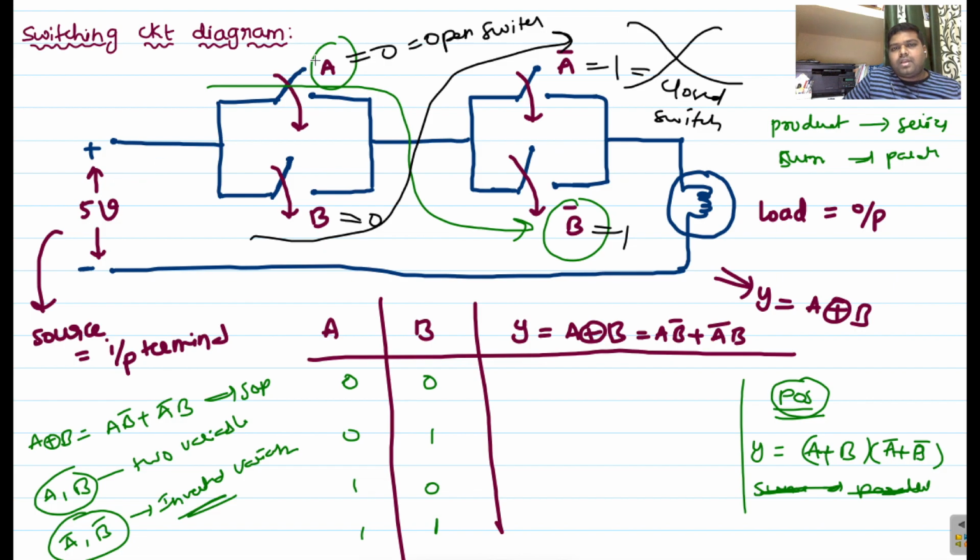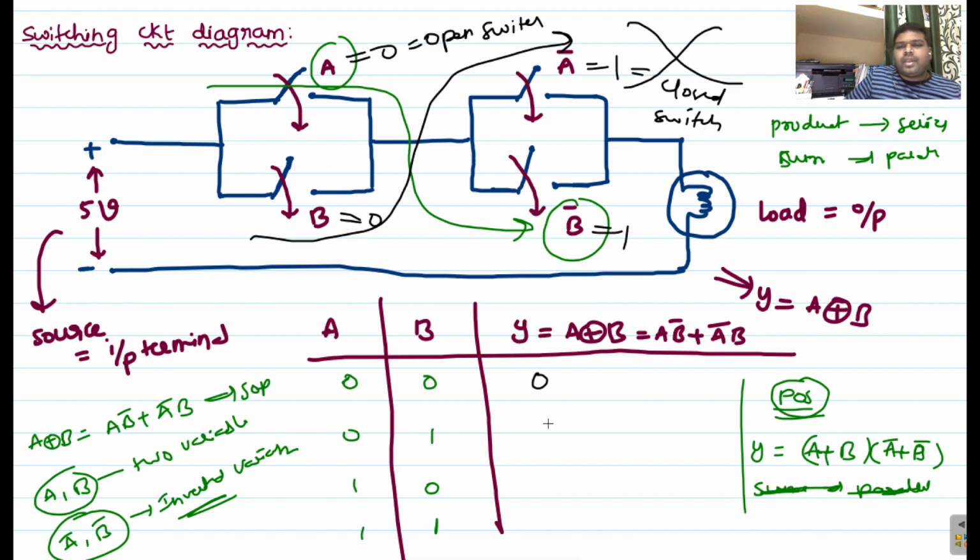Because of the open switches, the current will not flow through this load. In that situation, the load will not be activated, so the load will be off, that means the bulb will not glow. So the output will become logic 0. Clear?